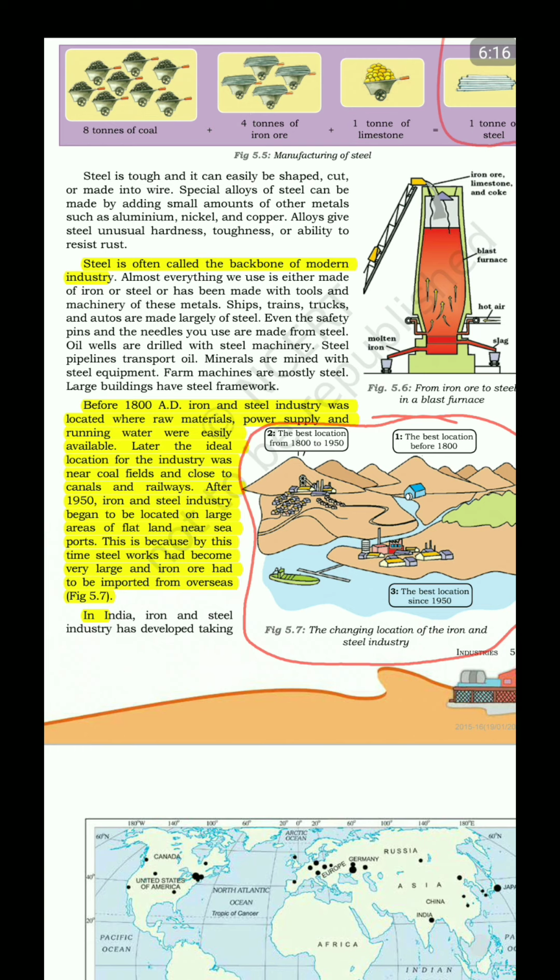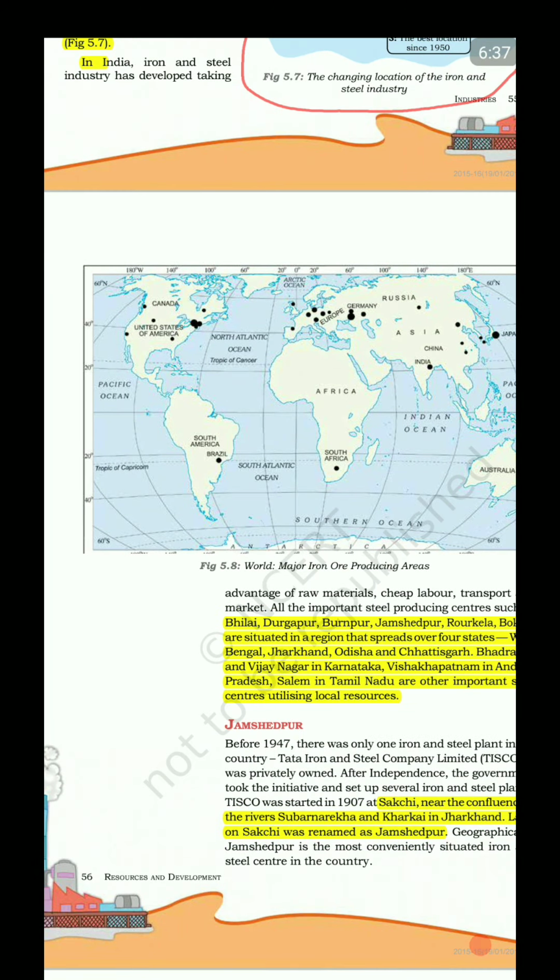These were the important centers, and now India is one of the important centers of iron and steel production, right? So this is also how we see the change. If we go to the next industry.